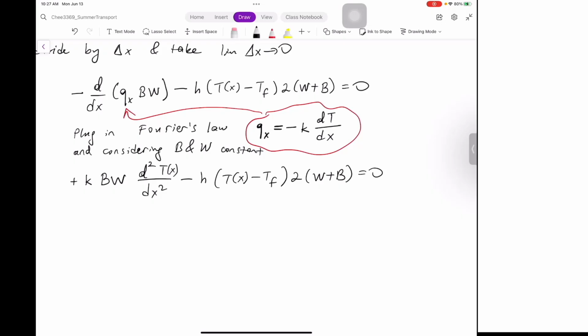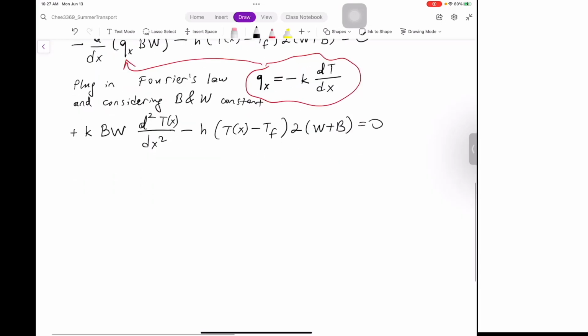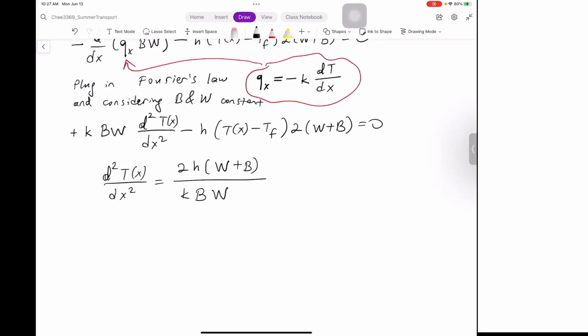By the way, this is also Tx. T is a function of x. So if you solve for d squared Tx over dx squared, you collect everything else on the right hand side. You would get 2h times W plus B divided by kBW times Tx minus Tf. Okay. So that's the governing equation.